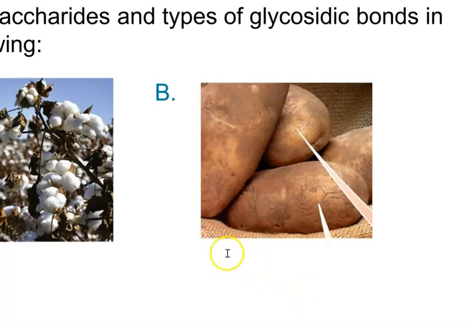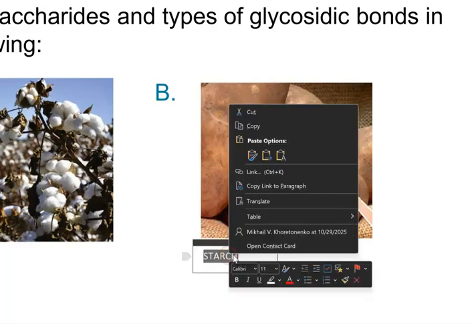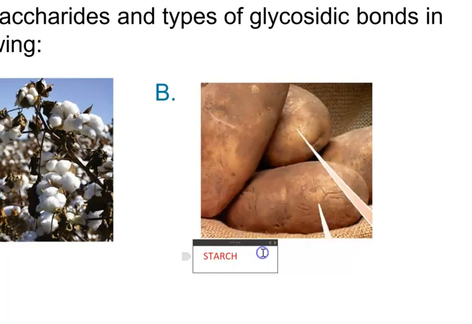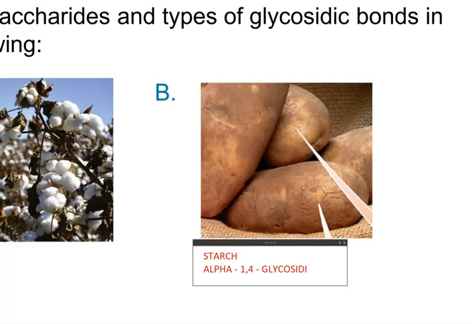Yes, it is starch. And type of bonds? Amylose is alpha, right? 1,4, and 1,6 glycosidic. Is it also alpha 1,6? Excellent. Thank you so much. Alpha, I forgot about those. 6, glycosidic.